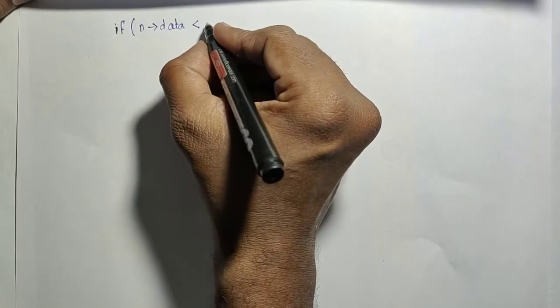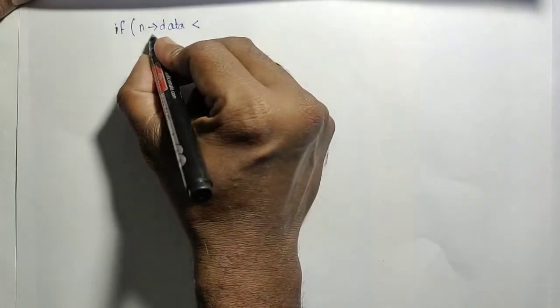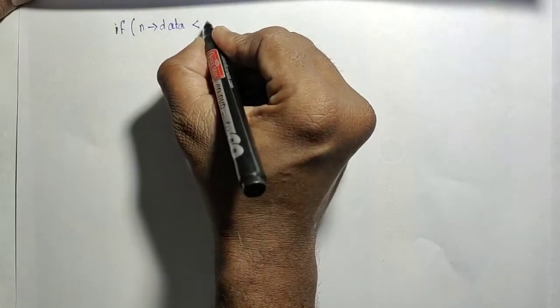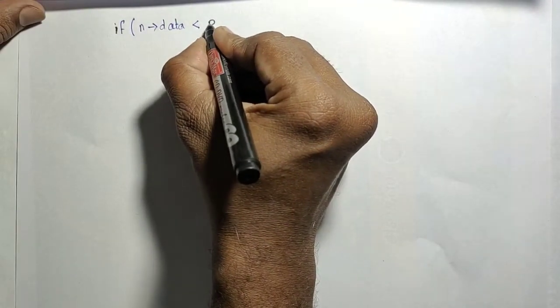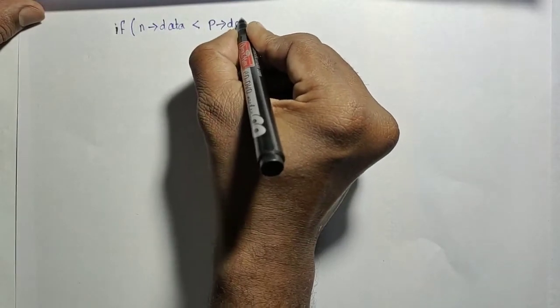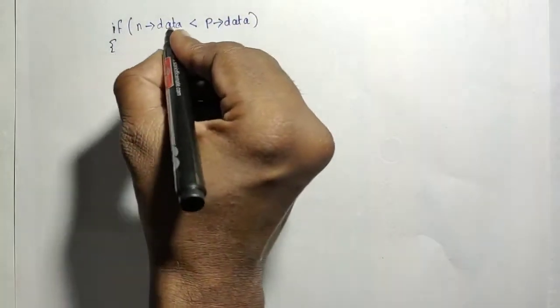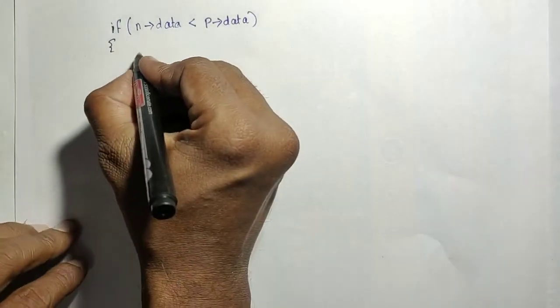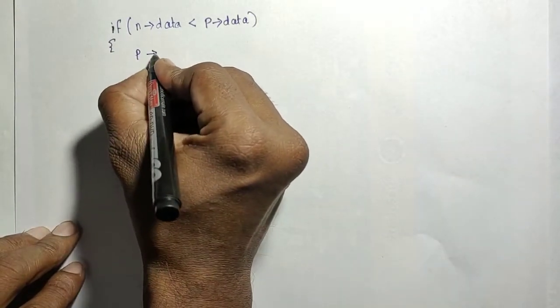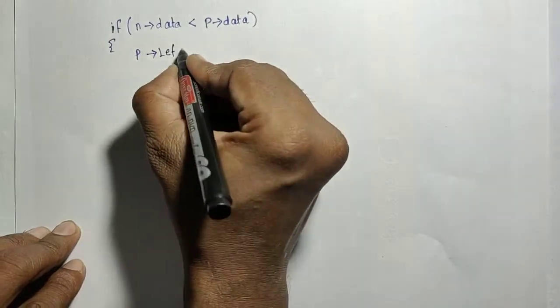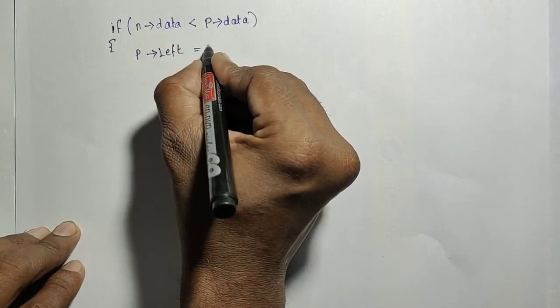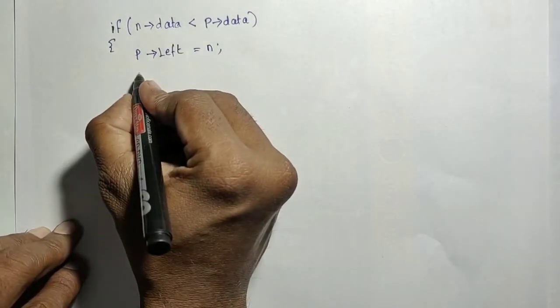So I have to make: if n of data is less than p of data, I have to add n as p left equal to n, and then return true.